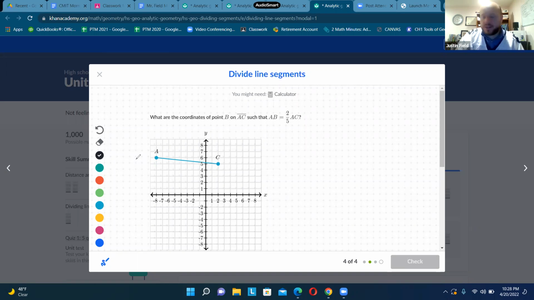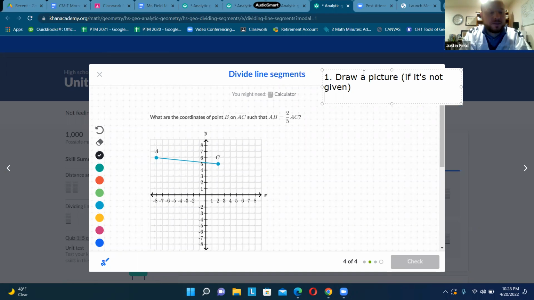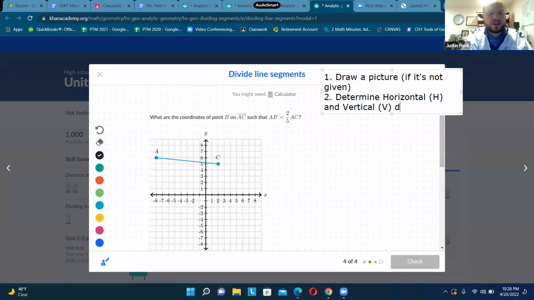Dividing line segments. Let's write down some notes that we're going to follow. Number 1, draw a picture if it's not given. Write that down. Number 2, determine horizontal, which I will label H, and vertical distances from point to point that are given.